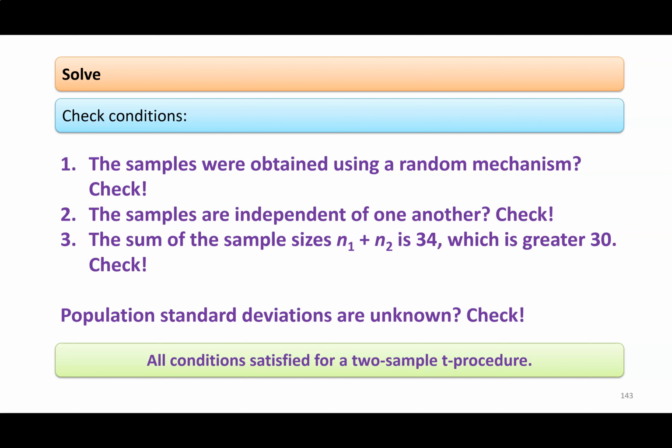So all the conditions, I would say, are satisfied here. We can move forward and not feel bad. If they aren't satisfied, we still would go forward, but at the end, we would write a disclaimer saying, hey, this may not apply to the whole population, or hey, we don't know that they're independent of one another, and kind of let the reader decide from there whether or not that invalidates the results, or how it invalidates the results.